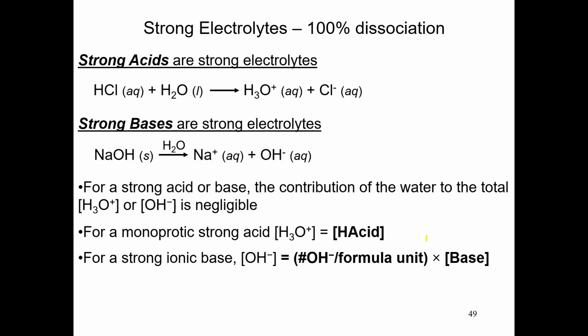In other words, the pH of the solution of a strong acid or a strong base is going to be derived exclusively from the concentration of the acid or base. The contribution of water autoionization is going to be negligible.